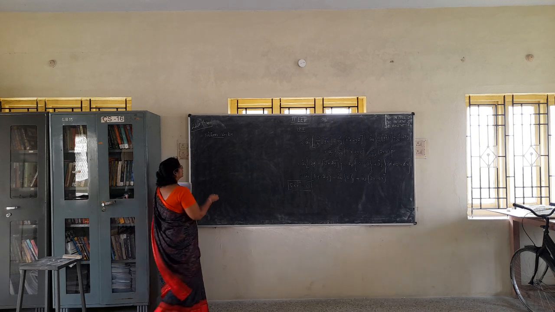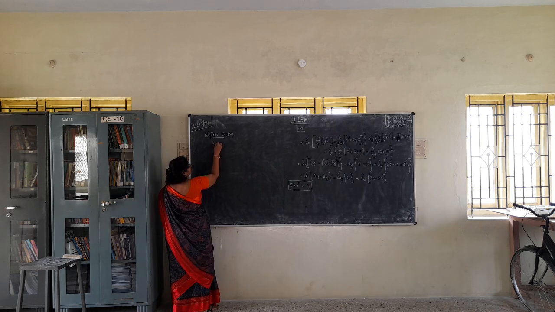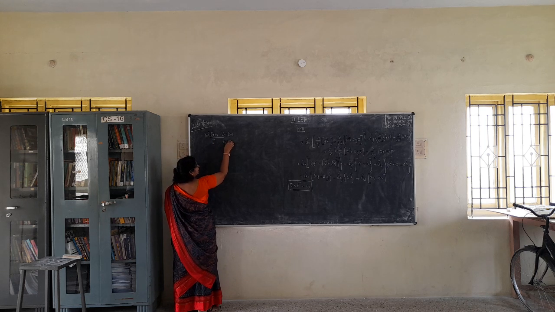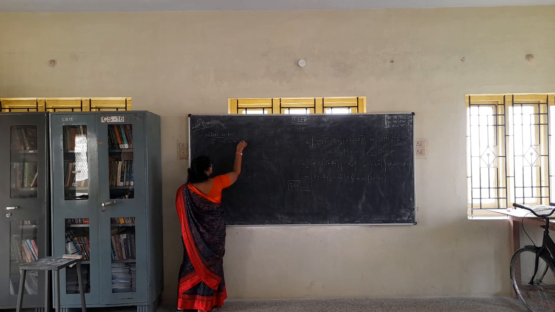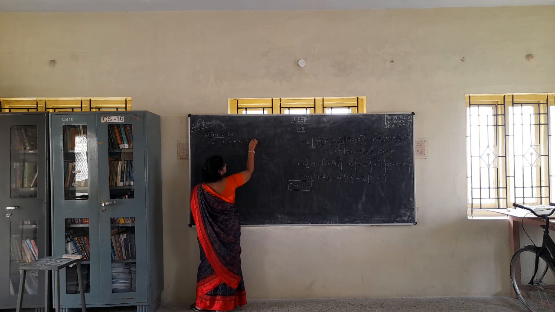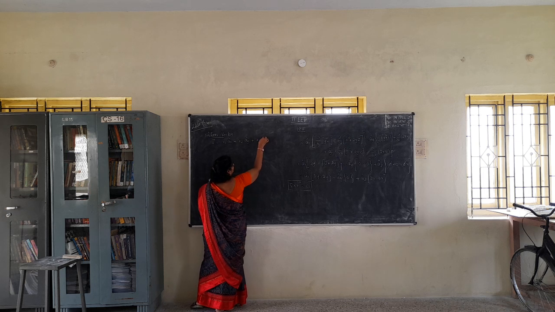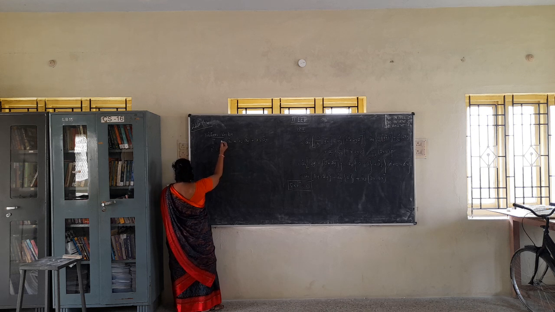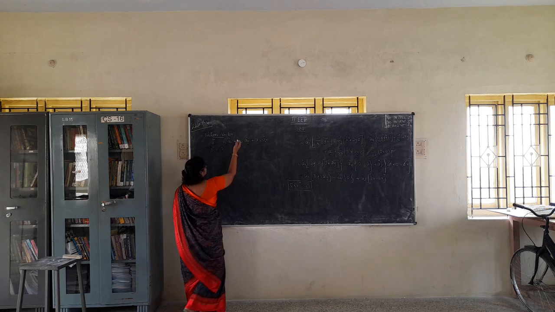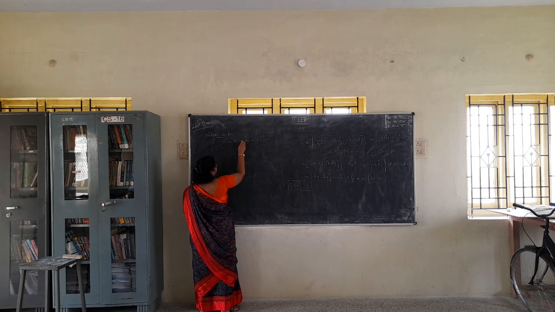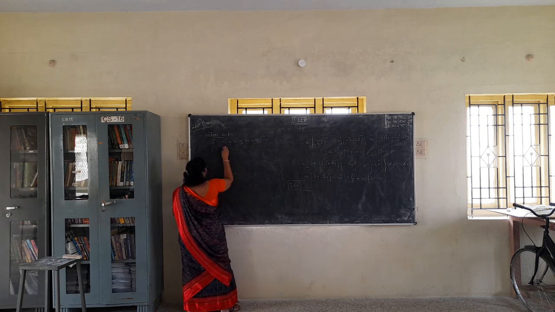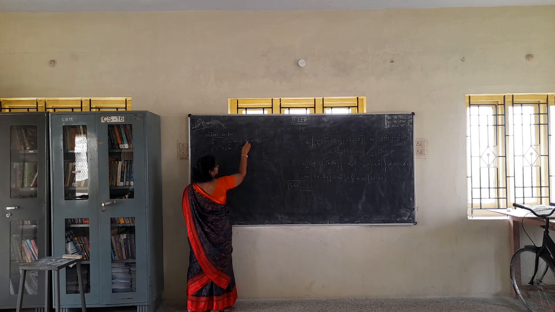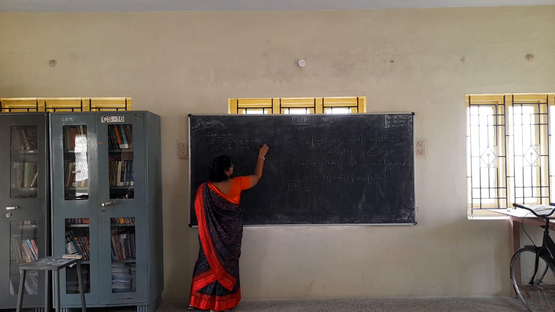So for example, if we have two vectors, A vector, represented as x1 ax vector plus x2 ay vector plus x3 az vector, and one more vector B vector, equal to x2 ax vector plus y2 ay vector plus z2 az vector.